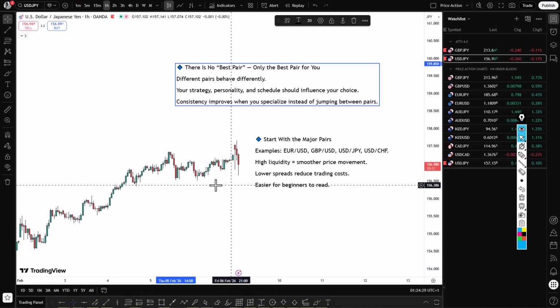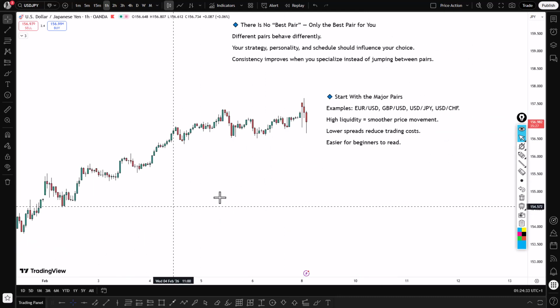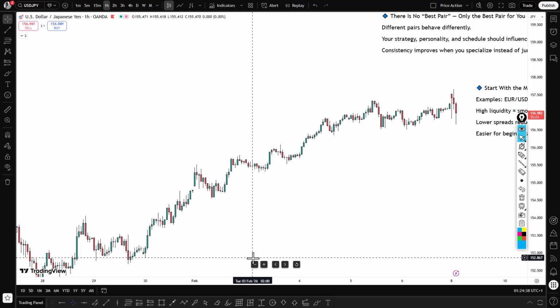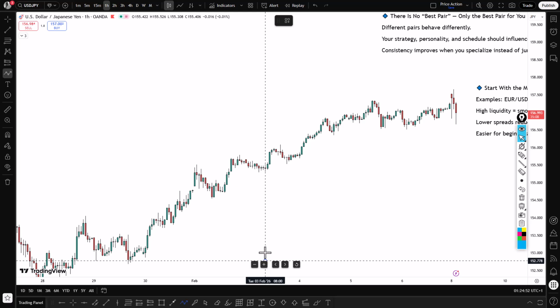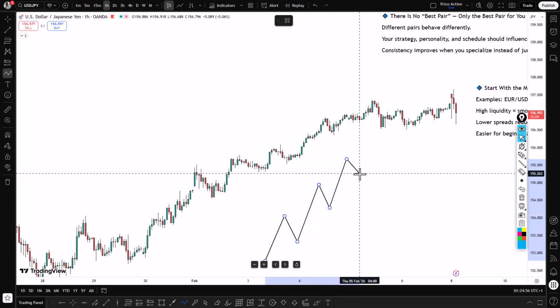So let me give you an example. If you take a close look at the charts here, you'll notice that this is the chart of the USD JPY currency pair. A couple of weeks back, we talked about break and retest as a trading strategy, and I told you how the markets move in cycles. When the market is trending to the upside, usually price is going to be forming higher highs and higher lows.